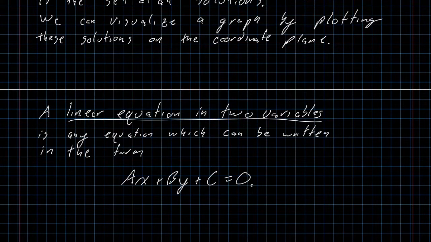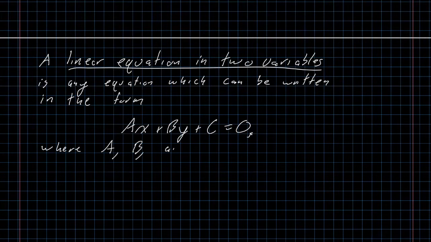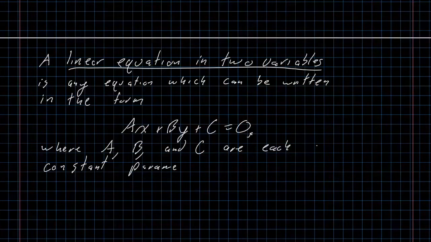A linear equation in two variables is any equation which can be written in the form ax + by + c = 0, where a, b, and c are each constant parameters.